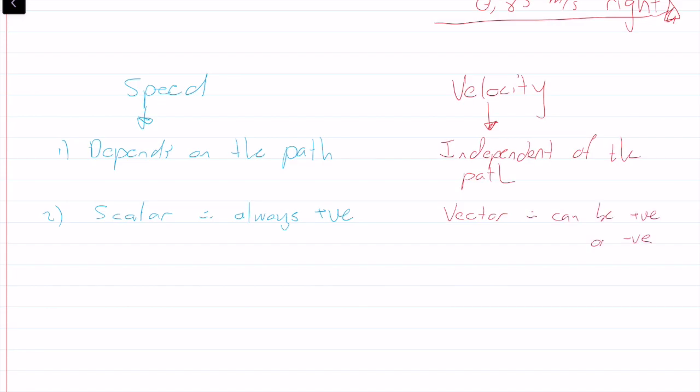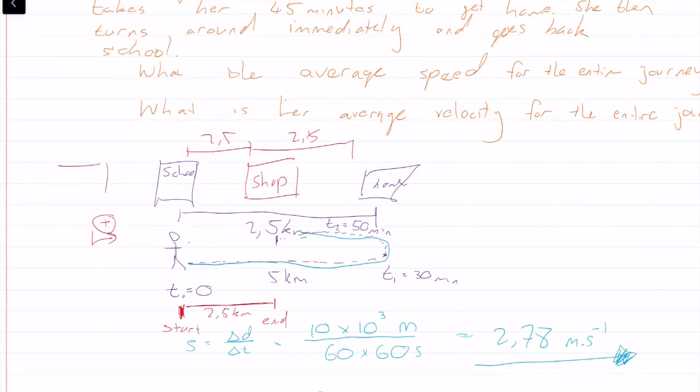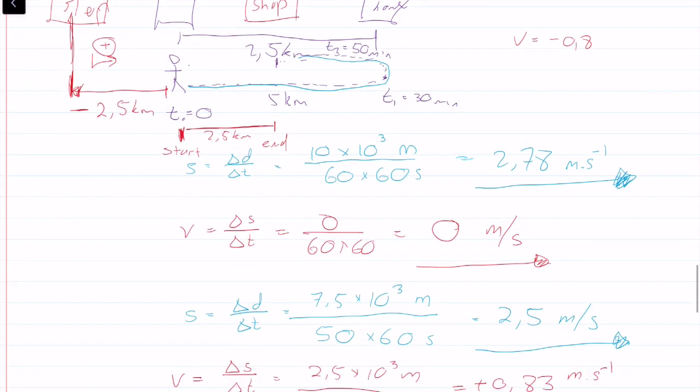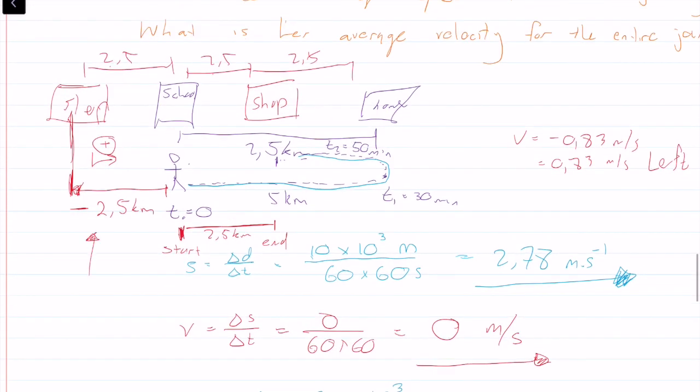For example, if our shop was here, 2.5 kilometers away, then her displacement, taking right as positive, would be minus 2.5 kilometers, because she would end up to the left of where she had started originally. So then her velocity would be negative 0.83 meters per second, or 0.83 meters per second left. Okay, so that's for this scenario where the shop is to the left of the school.